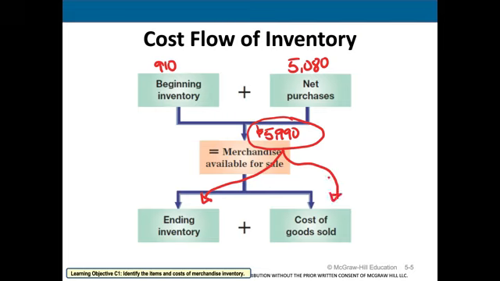How much dollar-wise is going to stay in your ending inventory will determine what dollar amount will be your cost of goods sold. There are different methods to allocate that, which is what these next few videos are going to be. So this is the specific identification method of how we're going to allocate this $5,990 between ending inventory and cost of goods sold.